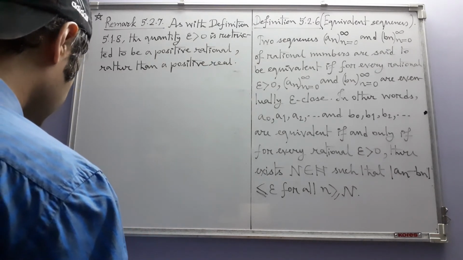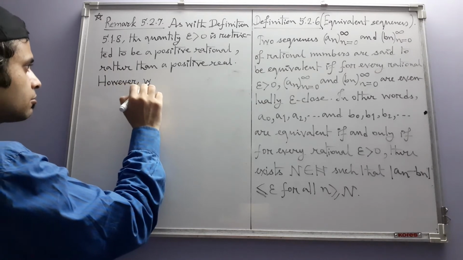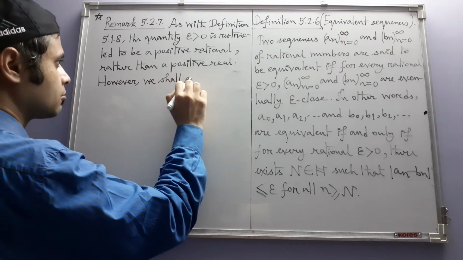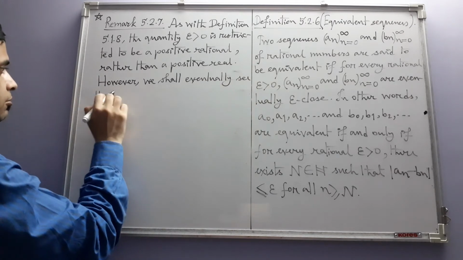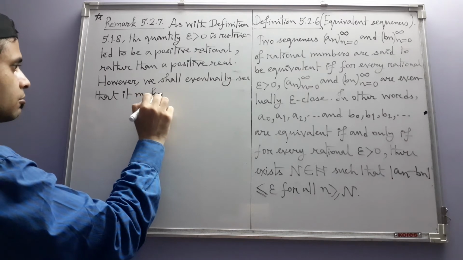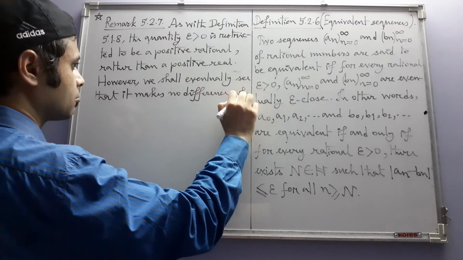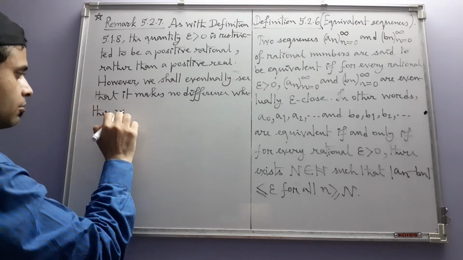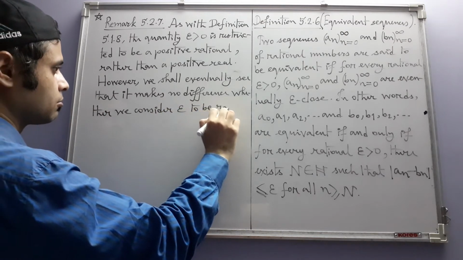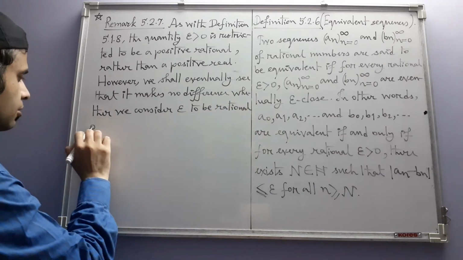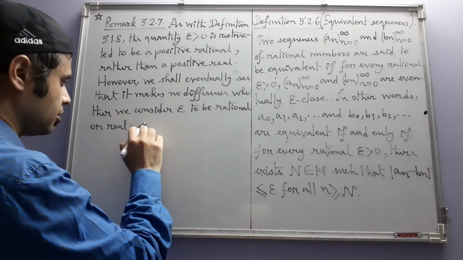However, we shall eventually see that it makes no difference whether we consider epsilon to be rational or real, and in this respect see exercise 6.1.10.